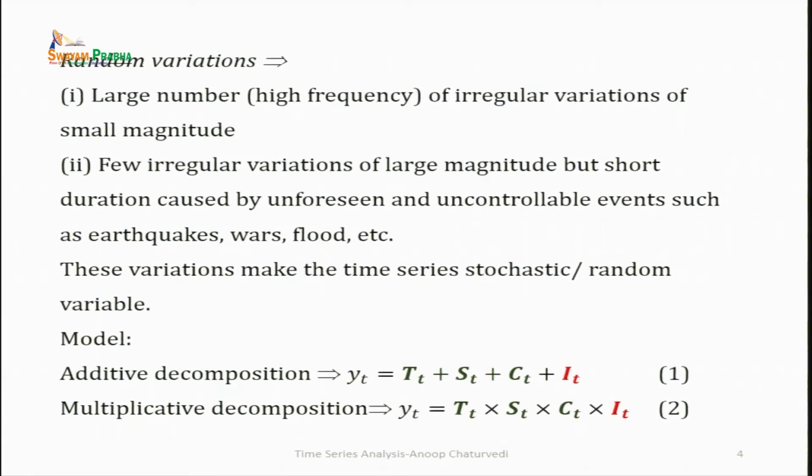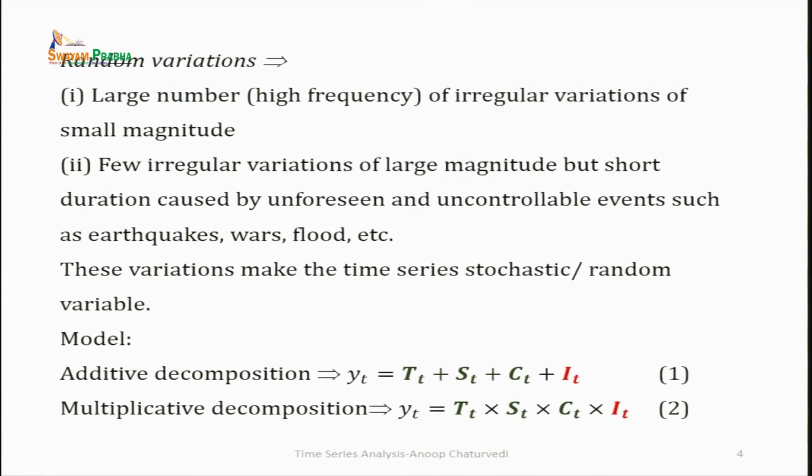So, this variation is irregular variation. In fact, these are the random variations which make the time series stochastic or a random variable. The first three variations, trend, seasonal variations and cyclical variations, are regular variations. Those three variations are predictable, but this fourth variation, random variation, makes the time series stochastic or a random phenomenon.